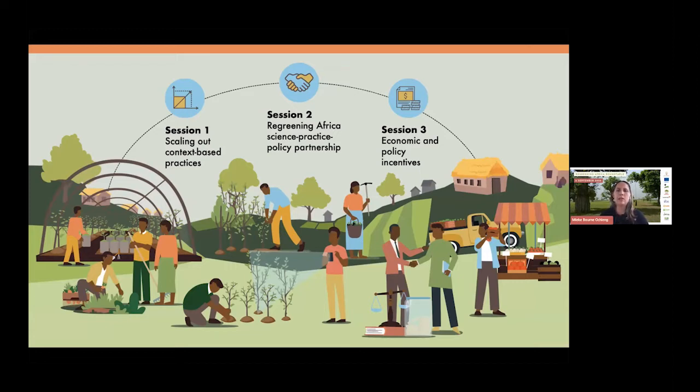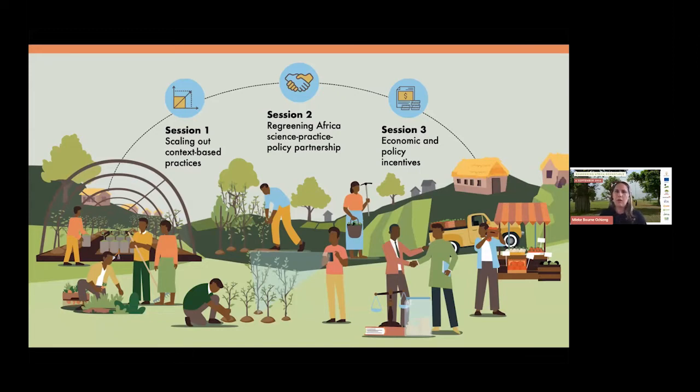Our second session will really look at the science practice policy partnership, how we've brought together a diversity of actors to inform policy and incentives, as well as provide technical support on practices. And the third session will primarily focus around incentives, equitable economic as well as policy incentives that really provide a driver and an incentive for those that are practicing land restoration on the ground.